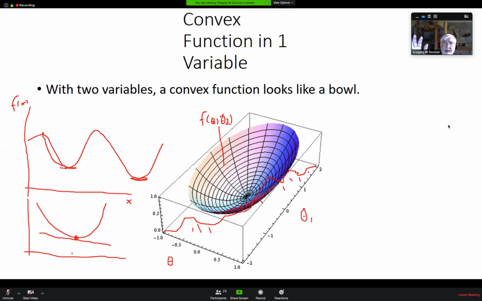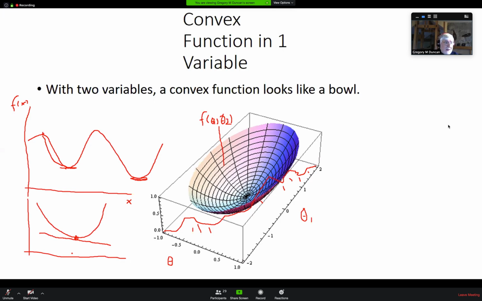So separate the convexity of the parameter space, which usually is not a problem. That is, we usually don't have a theory that tells us that the parameter space has to have a weird shape.